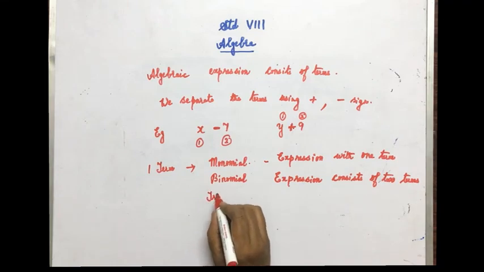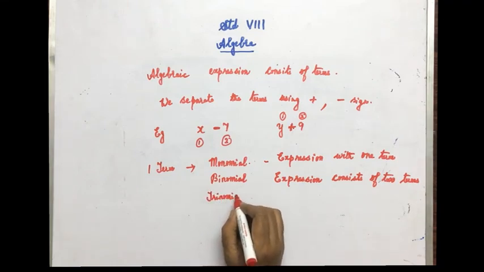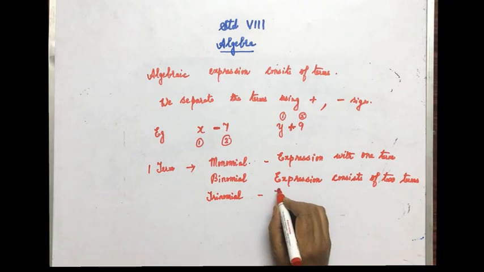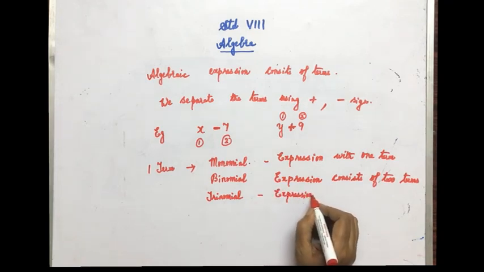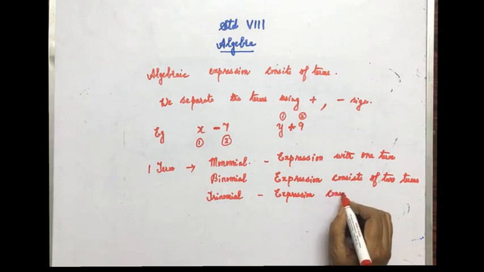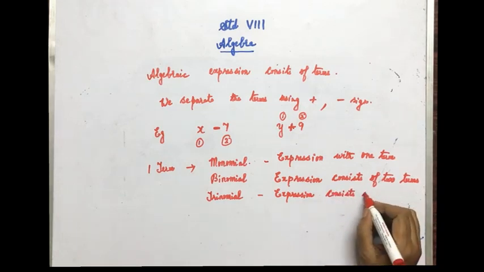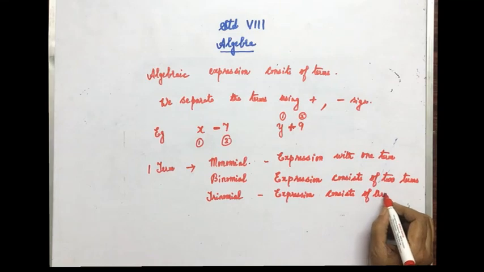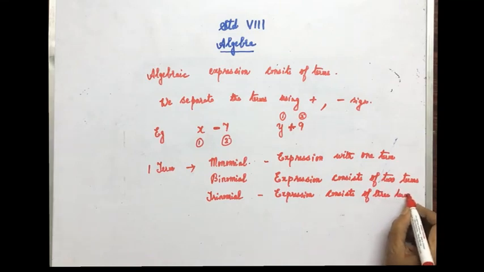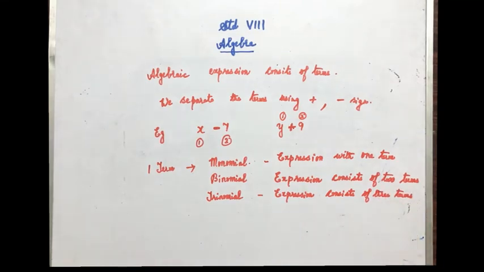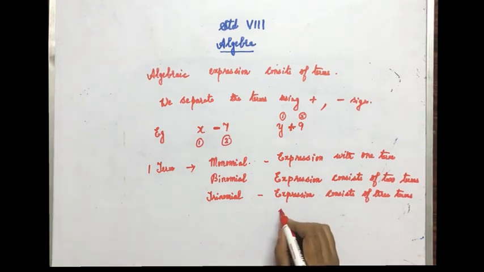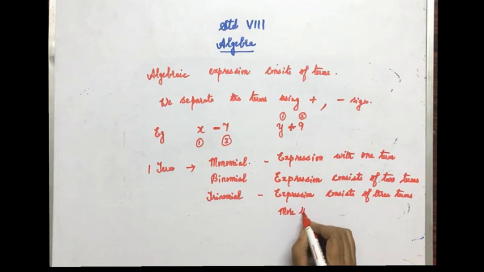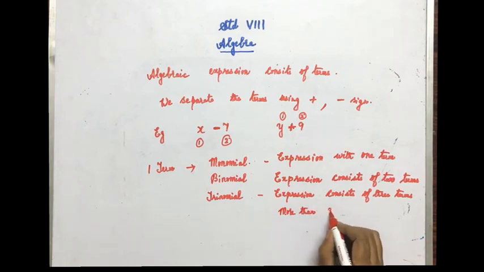Now next one is trinomial. Trinomial means an expression consisting of three terms. If the expression consists of more than three terms, we call it a polynomial.